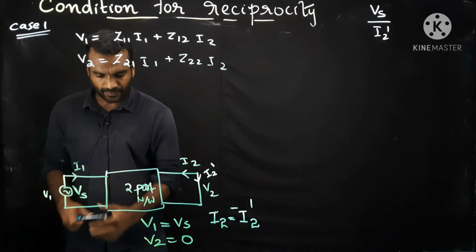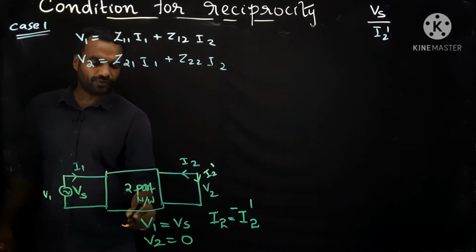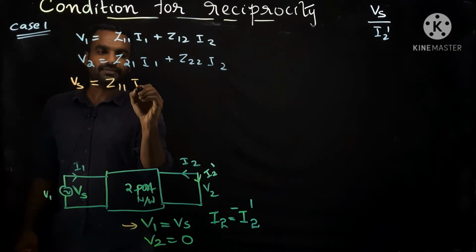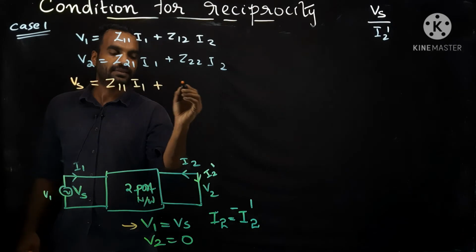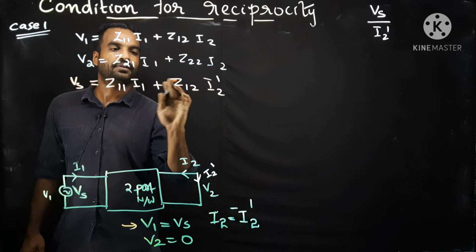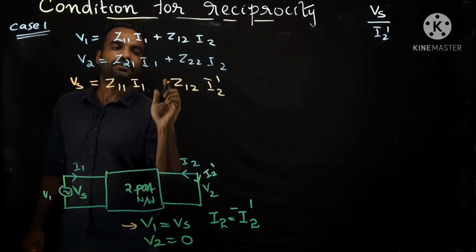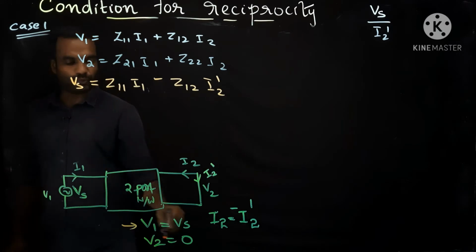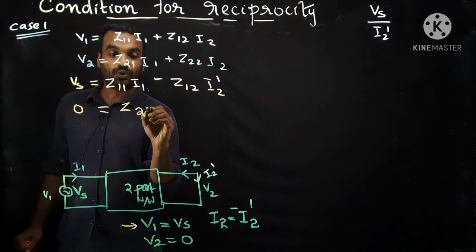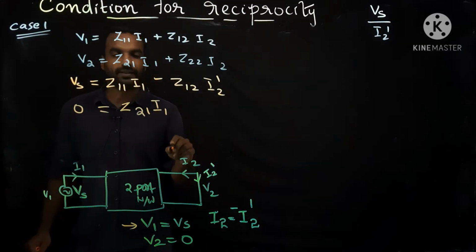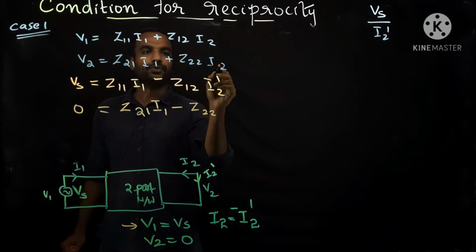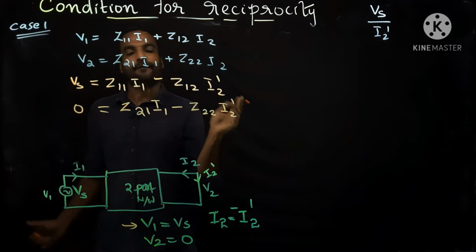Here we apply this condition: V1 is equal to Vs. So Vs is equal to Z11 I1, I1 itself, plus Z12 I2, which is minus I2 dash, minus I2 dash. And V2 is equal to 0 as it is short circuit. So it is Z21 I1 minus Z22 I2 dash, minus because I2 is minus I2 dash.